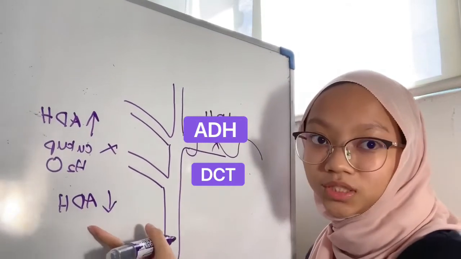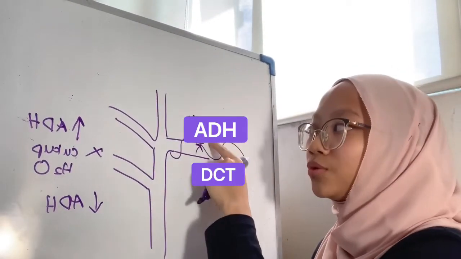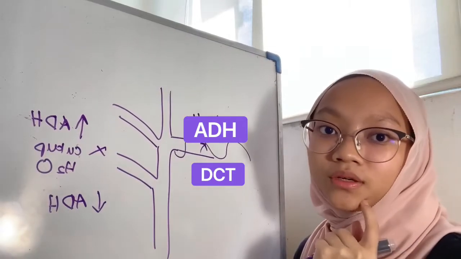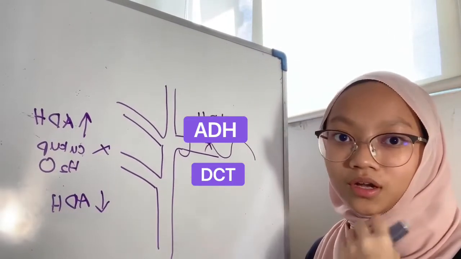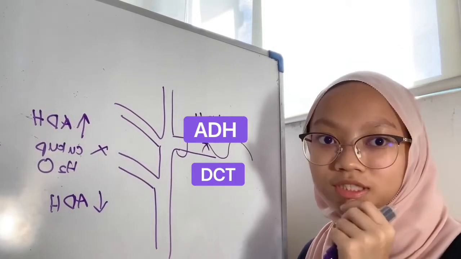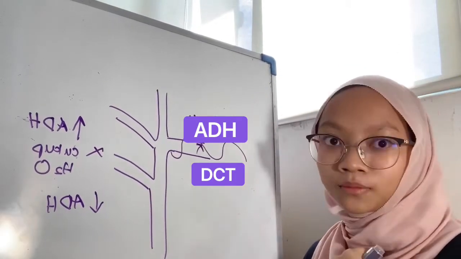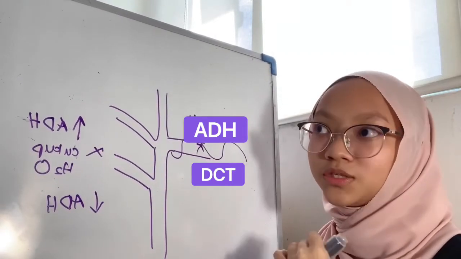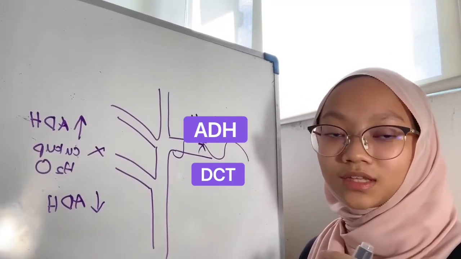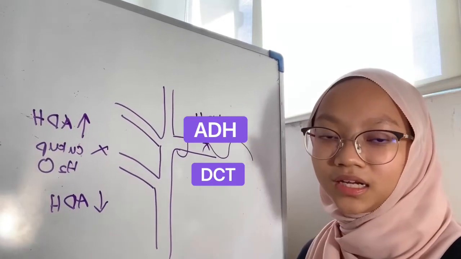We have enough water. So this ADH hormone is responsible for the osmoregulation of body. It will make sure macam our body if it's enough or not, if the amount of water is enough or not in our body. If we are dehydrated, it will produce more ADH. It's because our body needs the water. So we don't keluarkan the water.